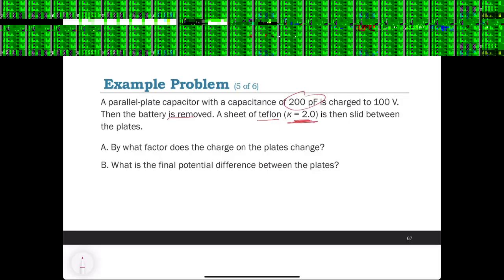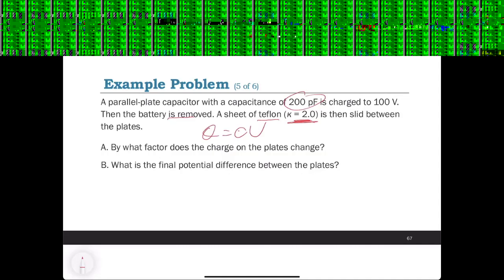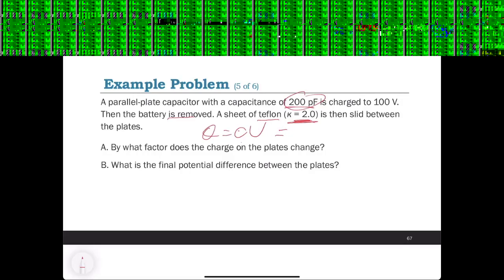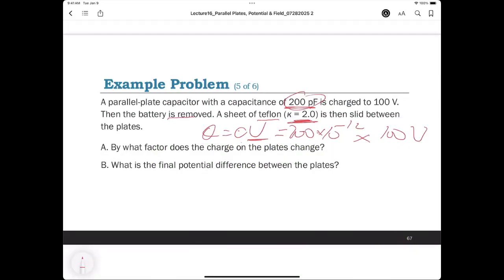We know Q equals CV. This equals 200 pF times 100 volt. This is the charge, and the charge will remain the same.